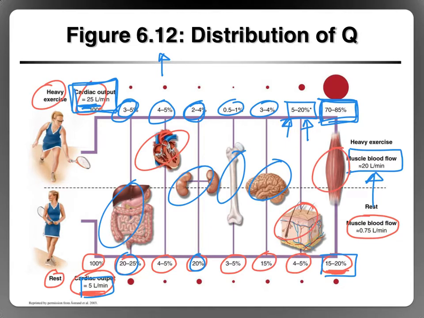And I just want to note here, this is part of the reason why you don't want to have a big meal right before you exercise, because if you have a big meal, you're going to get some blood flow to the viscera, okay, because of digestion, and you're going to have to share some of that blood flow. So some of that blood flow that could be going to your heart, to your skin, to your muscle, is going to go to the intestines to try to digest food.